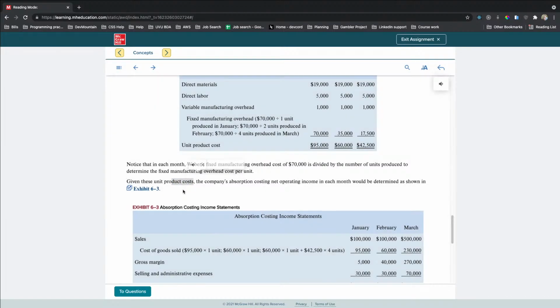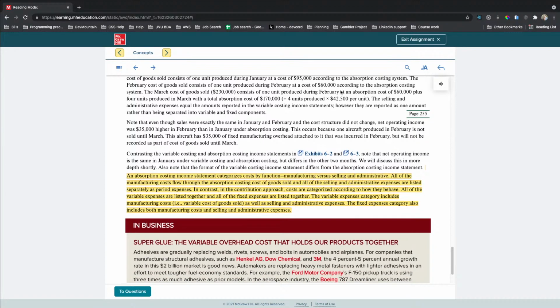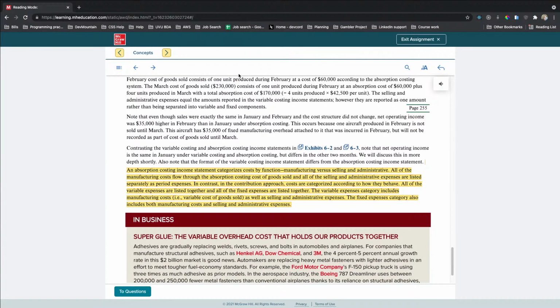All right. The sales for all 3 months are the same as the sales shown in the variable costing. The January cost of goods sold consists of 1 unit produced during January at a cost of 95,000 according to the absorption costing system. The February cost of goods sold consists of 1 unit produced during February at the cost of 60,000 according to the absorption costing system.